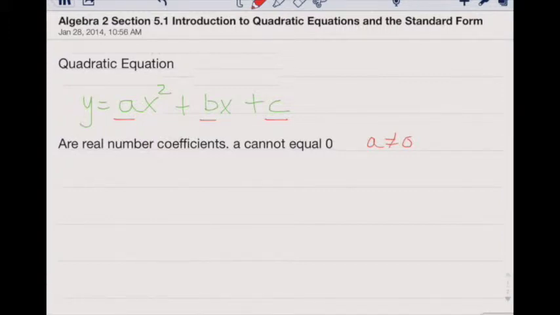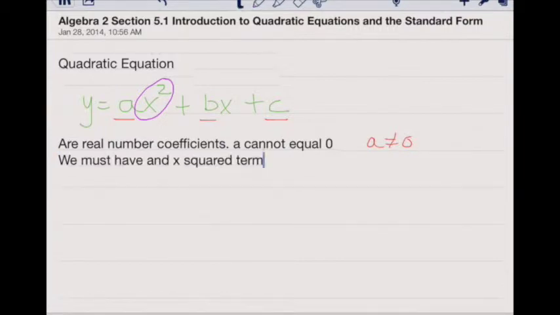Or you might see it written as A cannot be equal to 0. It's very important because what defines our quadratic equation is this term. If we do not have an x squared term as the highest power in our problem, it's not a quadratic equation.